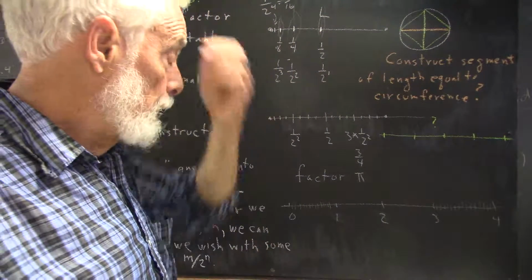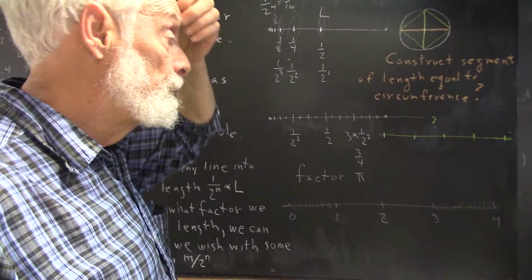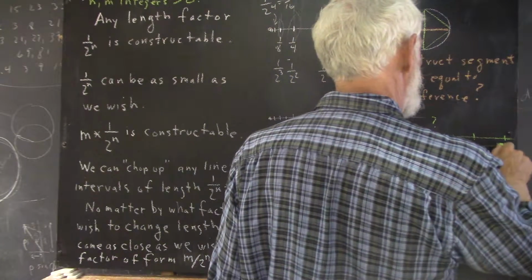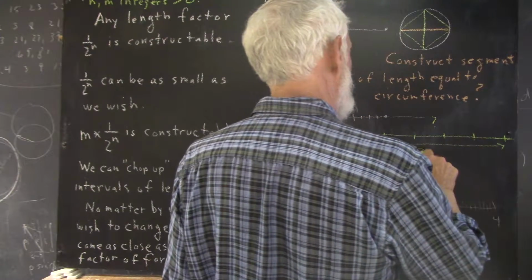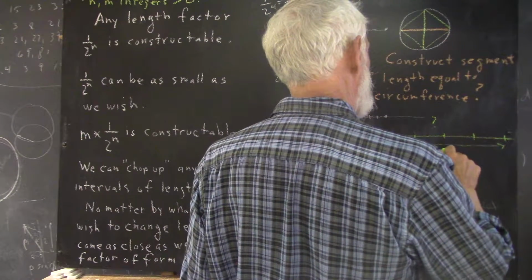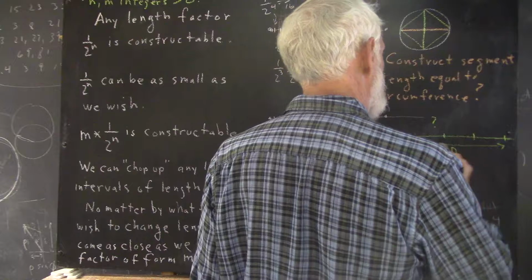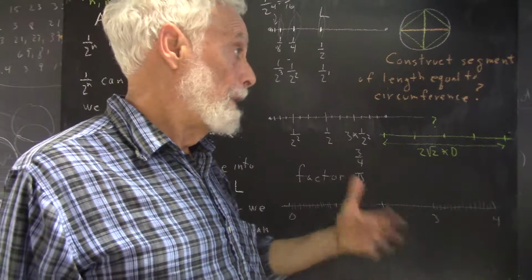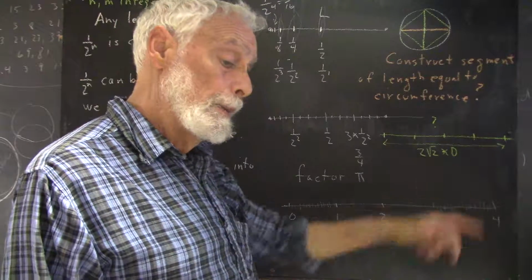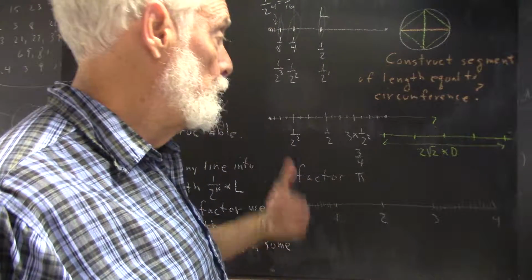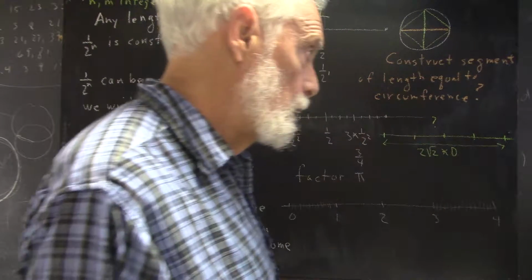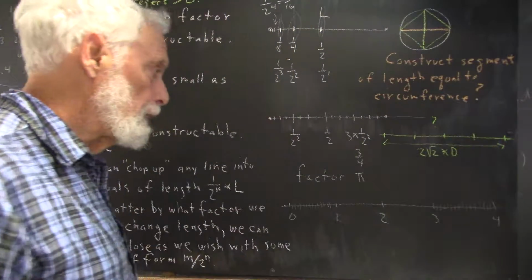Whatever the diameter is, it turns out that this length is 2 times the square root of 2 times the diameter. Well, square root of 2 is about 1.414, double that, 2.828 times the diameter, and we know pi is 3.14159.